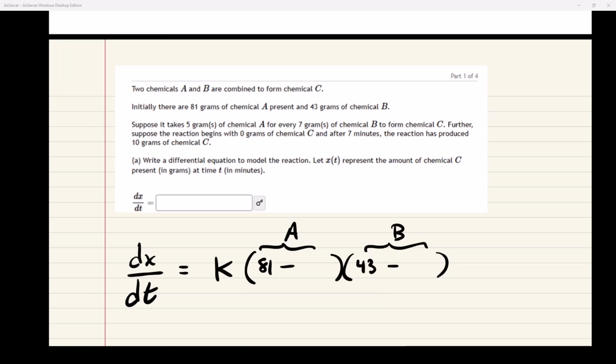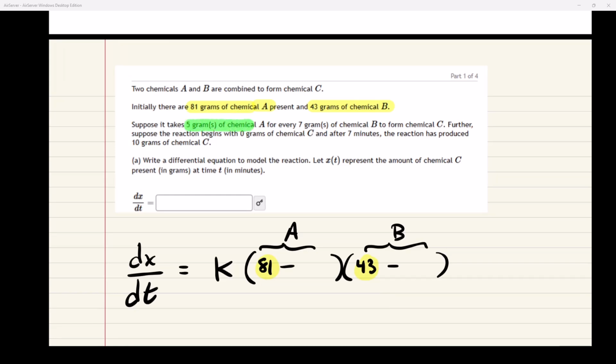Now, at what rate is it decreasing? First of all, I can see that the 81 grams is here and the 43 grams is here, but what I need to focus on now is the rate at which these other chemicals A and B decrease.